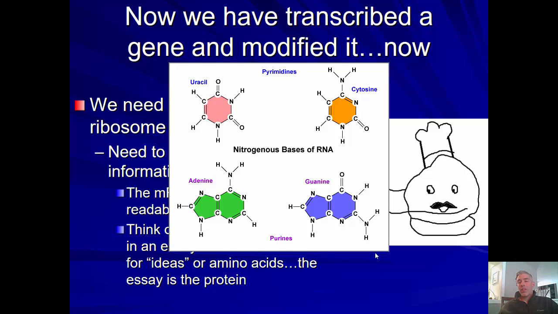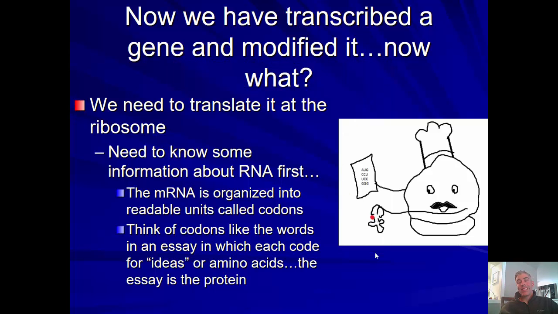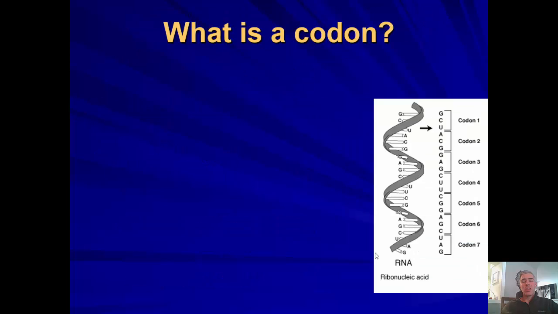And they're like the words of an essay. The ribosome has the ability to read those 3-letter words, and each word codes for a different amino acid. Just as words code for ideas in our mind, each of those codons codes for an amino acid specifically. Sometimes there's more than one word for each individual amino acid too, which we'll get to. But that's essentially the way this works.